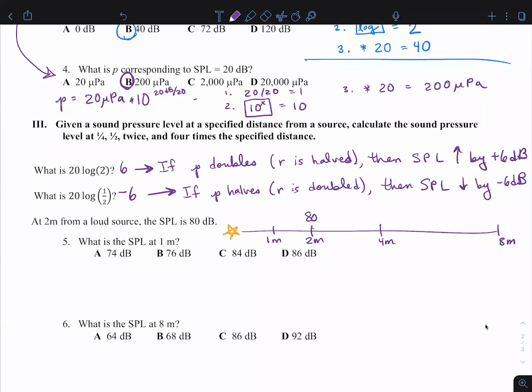At 1 meter, I have halved the radius, so the sound pressure level goes up by 6 decibels. What is the sound pressure level at 8 meters? I start here at 2, and then I double the distance, which means I half the pressure, which means I go down by 6 decibels, so I get 74 dB. Then I double the distance again, which halves the pressure again, a minus 6 dB, which gives me 68 decibels.